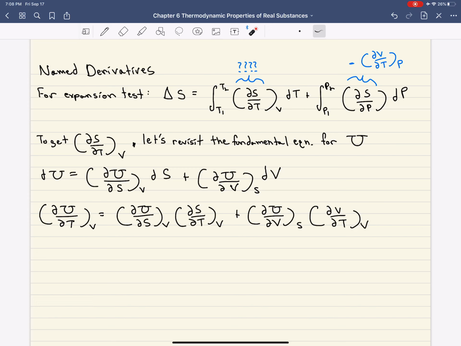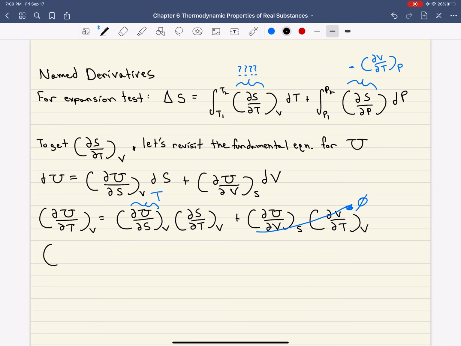Quick things to point out here. We have a dV/dT at constant V, so that's just 0. That knocks out this whole second term. Here, (dU/dS) at constant V, we know from earlier that this is just temperature. And so what we have here is (dU/dT) at constant V is equal to temperature times dS/dT at constant volume.